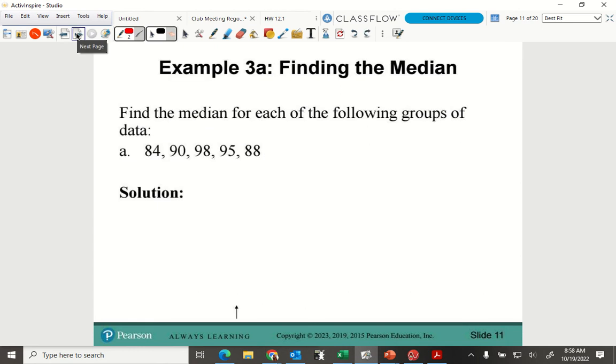So let's go ahead and do this one. Are these numbers in order? No. All right, let's put them in order. What's the smallest number? 84. What's the next one? 88. Next one? 90.